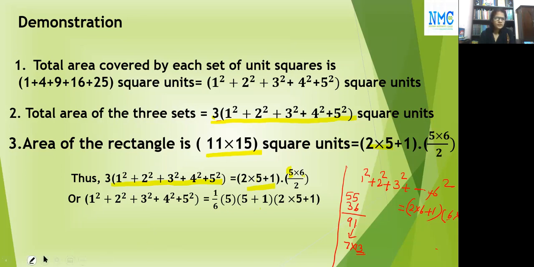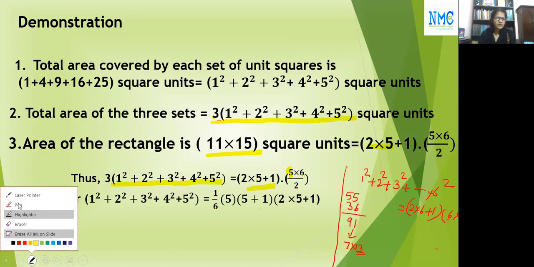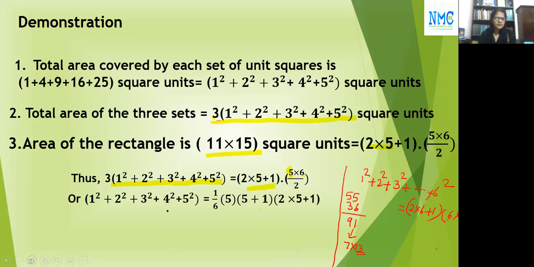Now for 5, this is very clear. Let me tell you what happens in case we take 6. I have calculated a bit here.